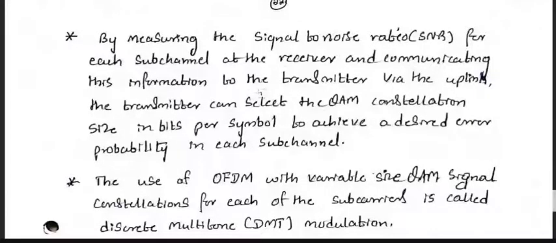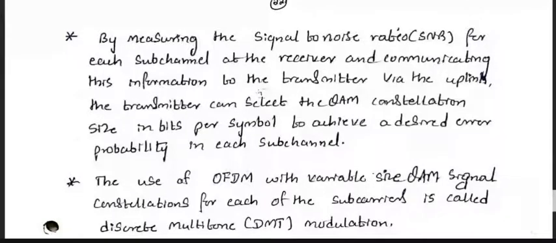There are another two statements which I will let you know. If we measure the signal to noise ratio for each of the subchannels at the receiver side, we will communicate the same information to the transmitter also, so that the transmitter can select the proper quadrature amplitude modulation constellation.